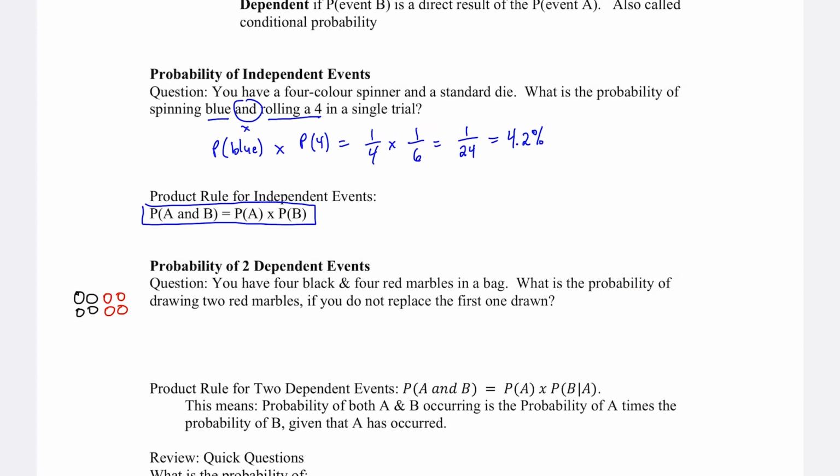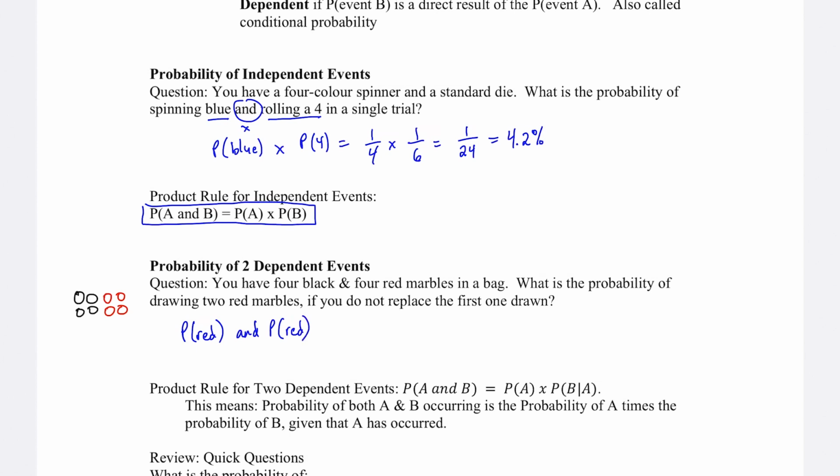So event 1 would be you choosing a marble, the first one. What is the probability you get a red marble? And then the probability that you get another red.